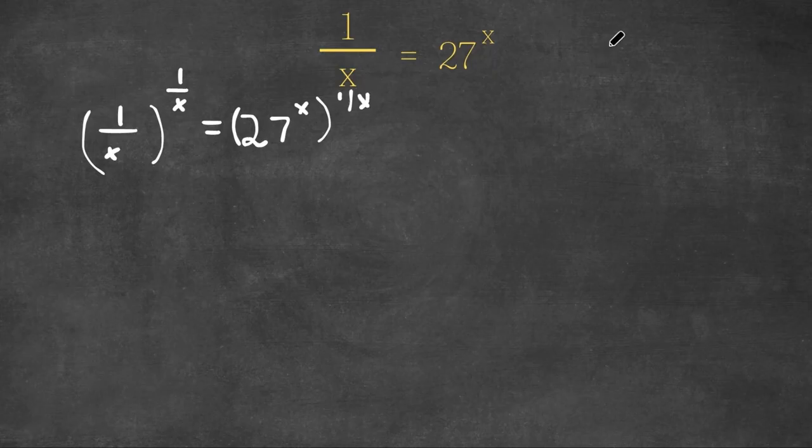Now, if we have something in the form a to the power of m to the power of n, this is simply equal to a to the power of m times n. So as you can see here, we have 27 to the power of x to the power of 1 over x.